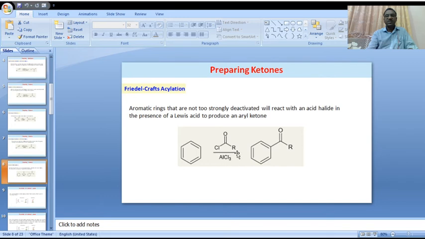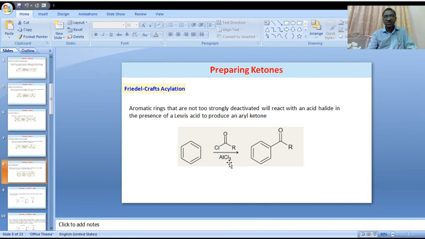RCOCl is the acyl chloride. This acyl chloride is in presence of a Lewis acid. This is the Lewis acid, AlCl3, aluminum trichloride. It acted as a Lewis acid.